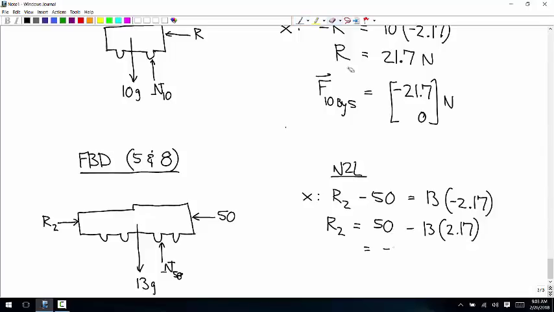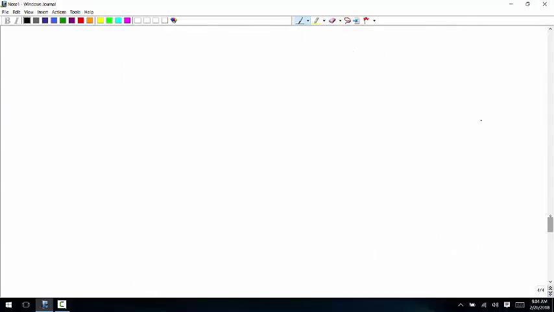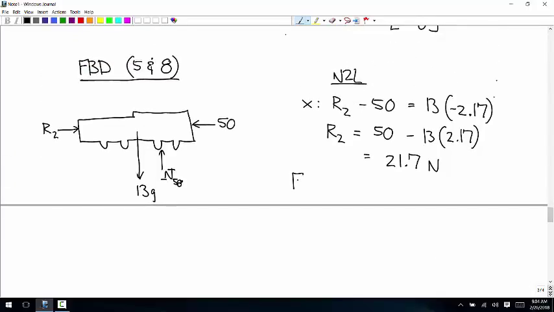You should get positive 21.7. And so the force on the 5 by the 10 is positive 21.70.